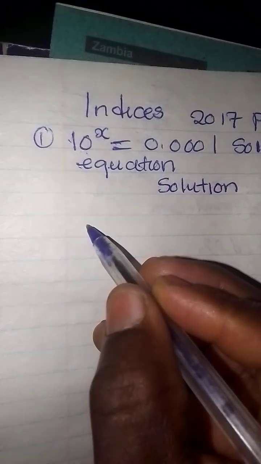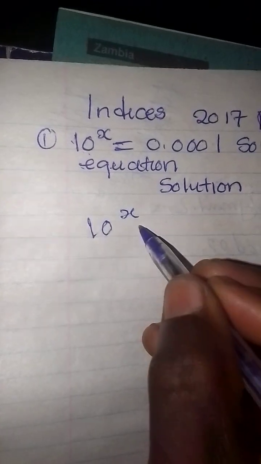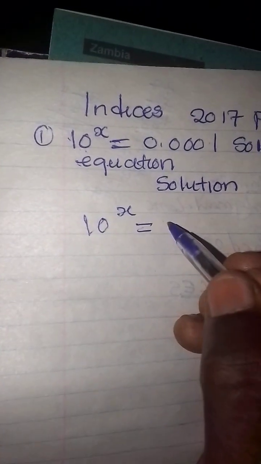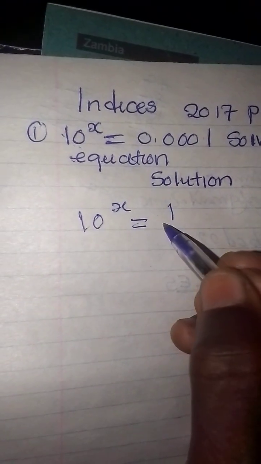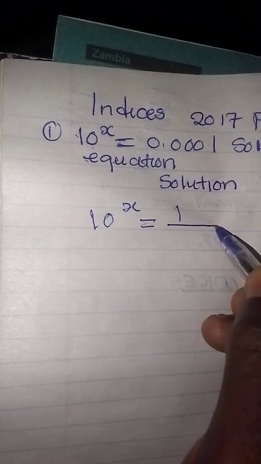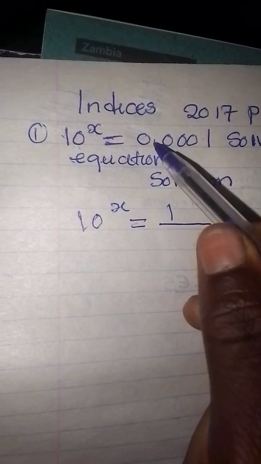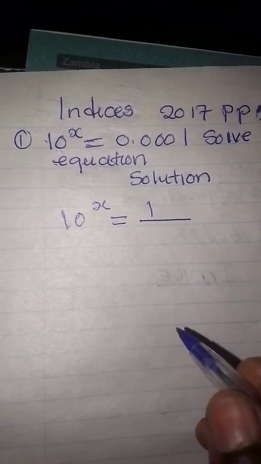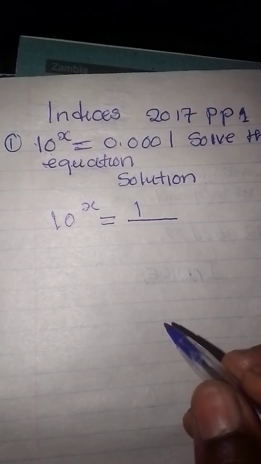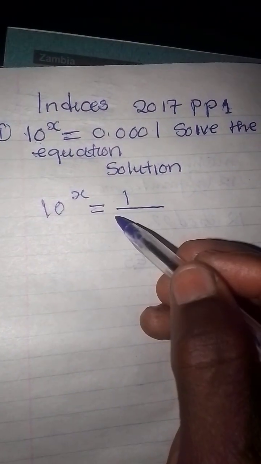Here in our solution, we're going to have 10 to the power x equal to 1 on top, because we only have 1, you just write the whole number because those are zeros. Down below, you count how many figures are there after the point: 1, 2, 3, 4. It can be zeros or any digits, but the figures after the decimal point. So there are 4.